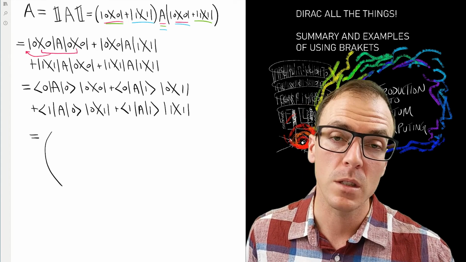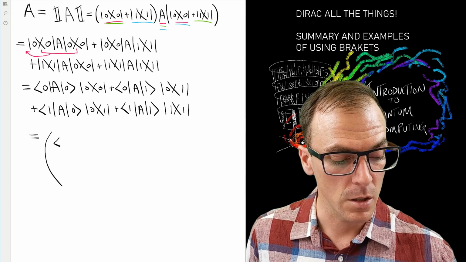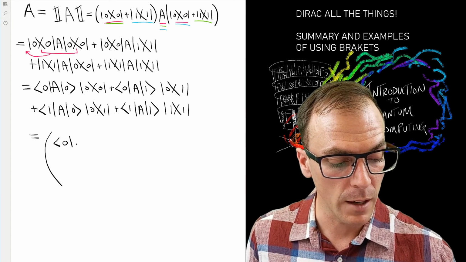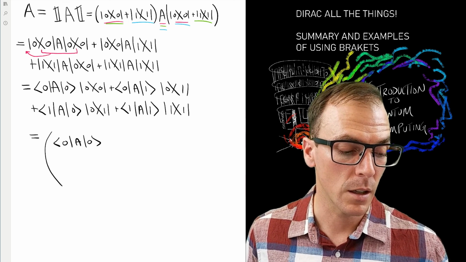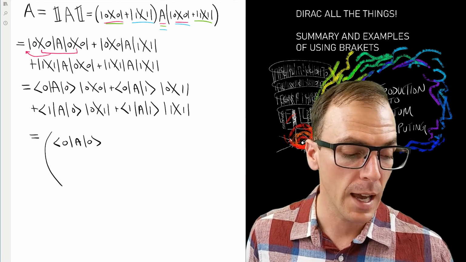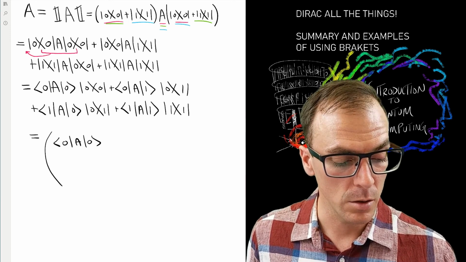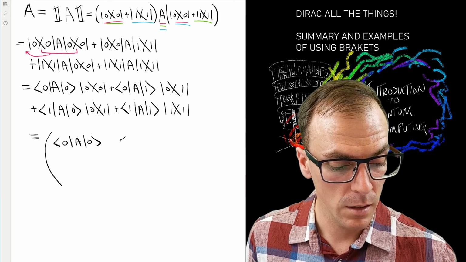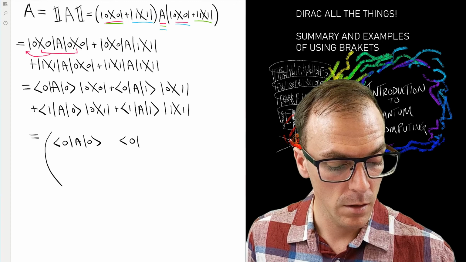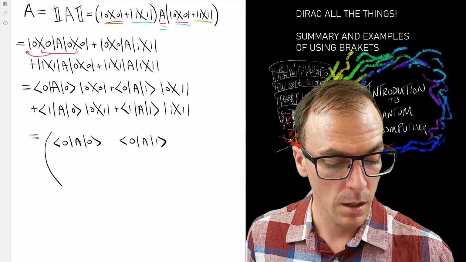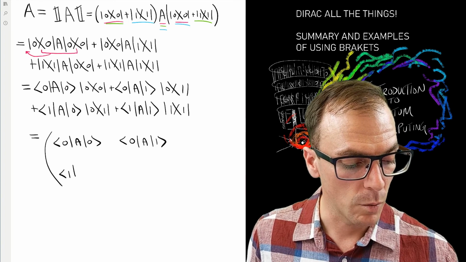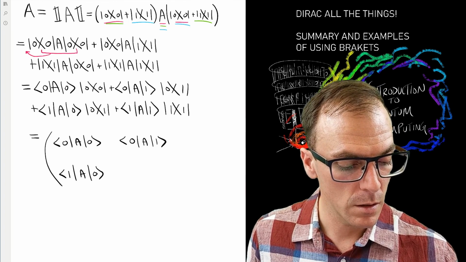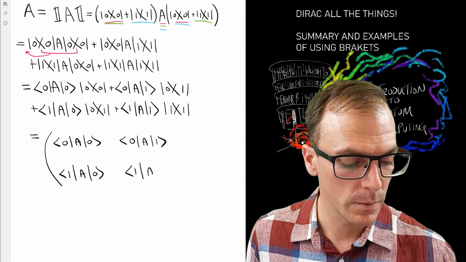Remember, the |0⟩⟨0| outer product is just the matrix with a 1 in the upper left, so I end up with the inner product of 0 and 0 with the A being applied to the ket inside. And we have the |0⟩⟨1|, the |1⟩⟨0|, and finally the |1⟩⟨1|.